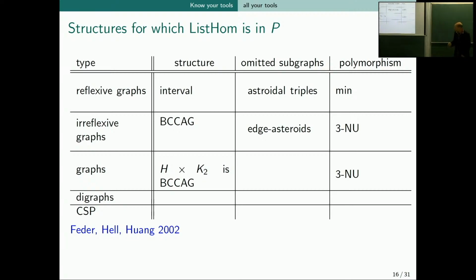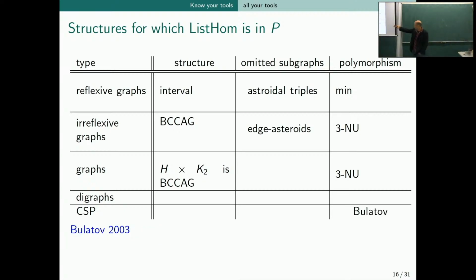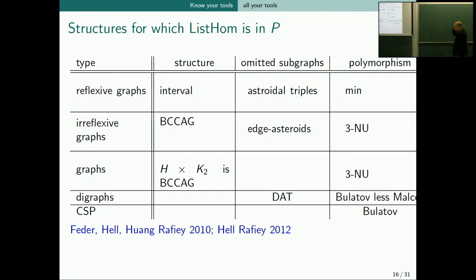For digraphs, well, actually before digraphs, Bulatov did his thing in general that told us then. Well, we had this sort of ugly description of a WNU here that describes those. So that applies to all these, but for graphs, that's exactly it gives 3NU.